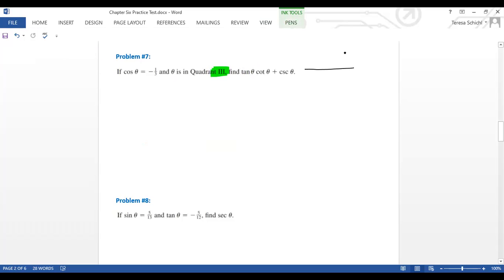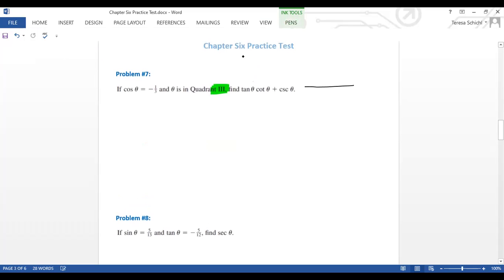Let me move this up a little bit. So this is my theta here. Cosine is adjacent over hypotenuse, so I can mark here, this is 1 and this is 3.